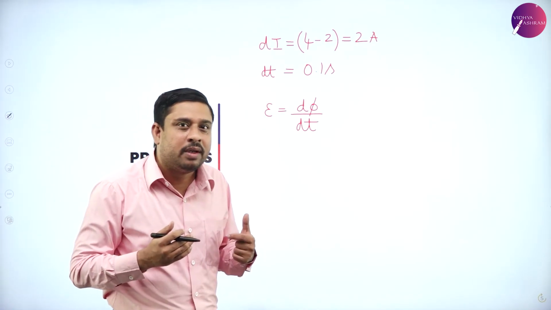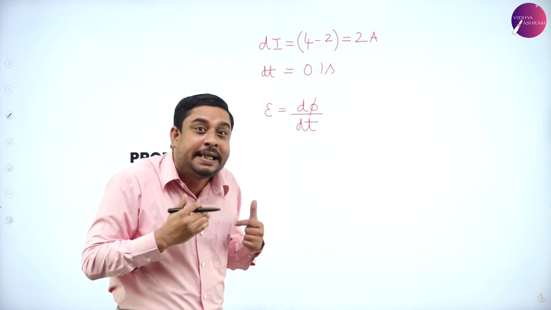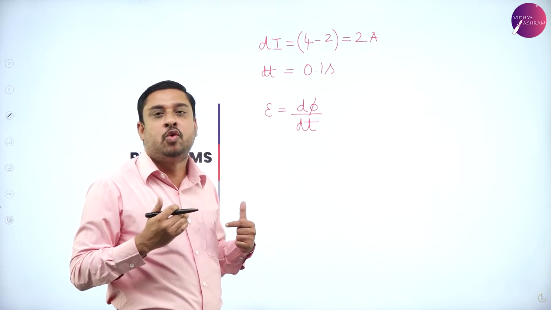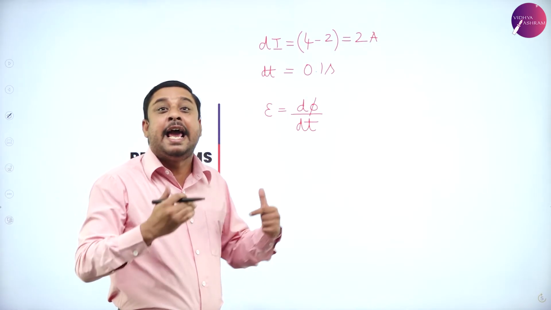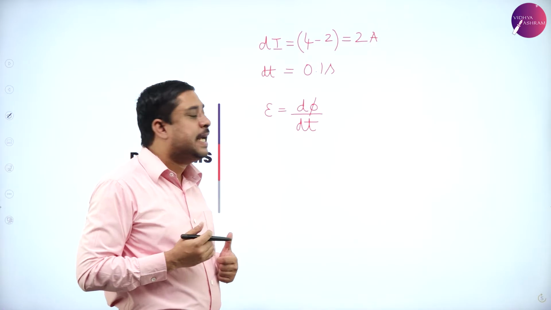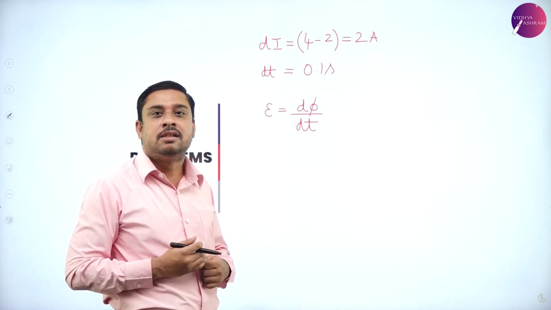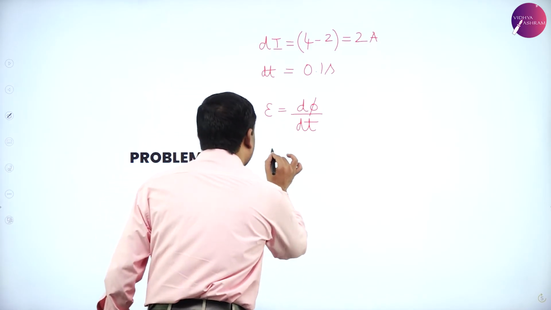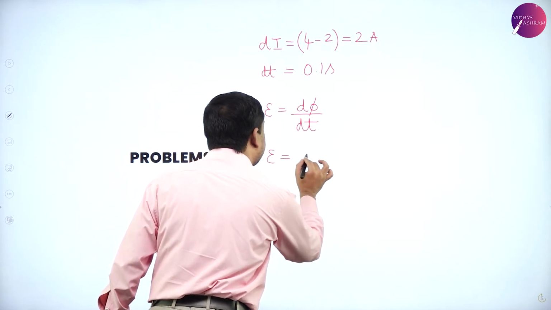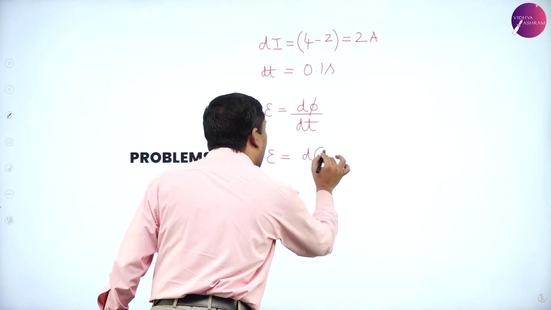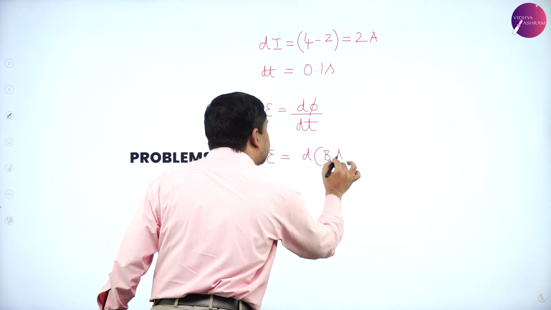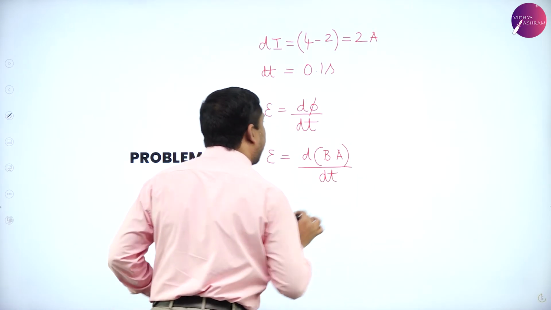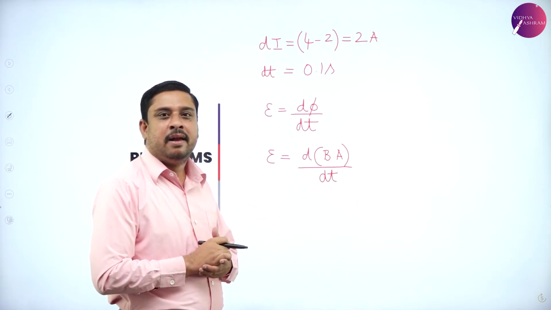But now, with respect to the data given, number of turns per unit length, area of the loop, change in current, how do I express flux? So E equals d phi by dt. We know flux is B into A.